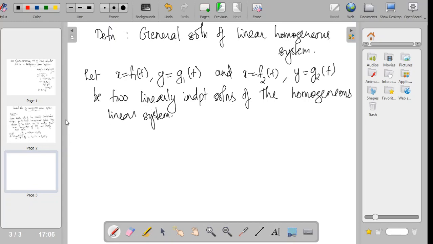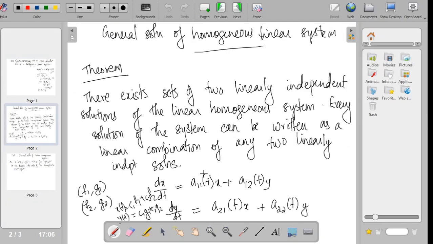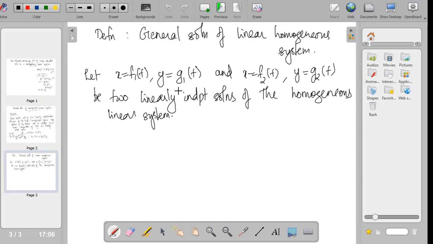We are talking about dx/dt equal to a11 x plus a12 y and dy/dt equal to a21 x plus a22 y. So you have the pairs f1, g1 and f2, g2, and they are two linearly independent solutions of the homogeneous linear system.